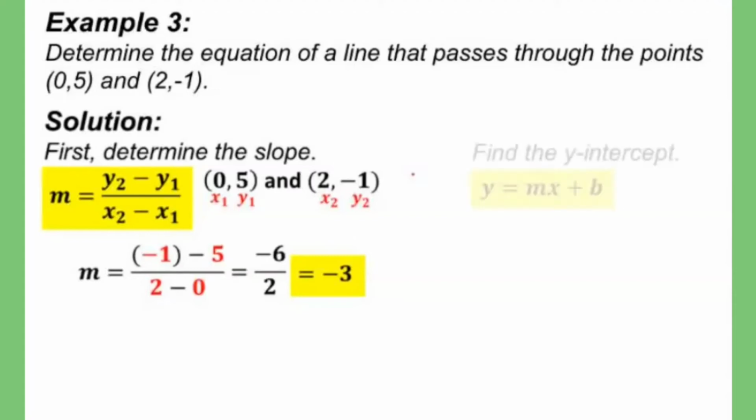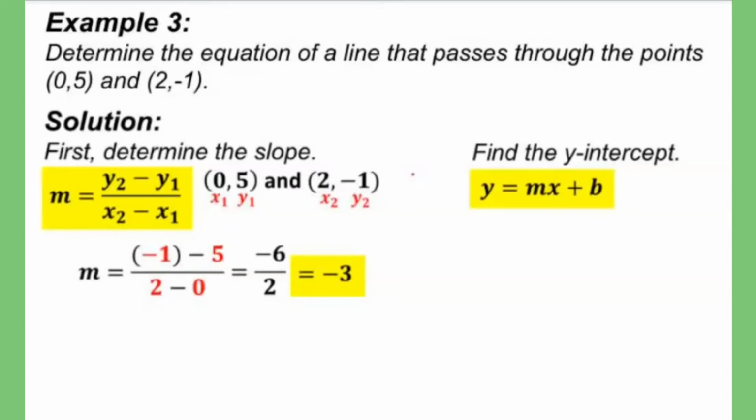Isolve naman natin ang y-intercept using the equation y is equal to mx plus b. Sa case na ito, gagamitin natin ang m, which is equal to negative 3, at saka yung point na 0, 5, wherein 0 is our x and 5 is our y.